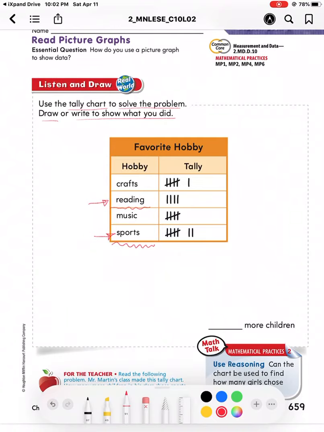Okay, so as you see here, he created with his class this tally chart in order to compare, in order to know how many more children in his class choose the sports and how many choose reading, and compare to see if the students who choose the sports are more, so how many students who choose sports are greater than those who choose reading.